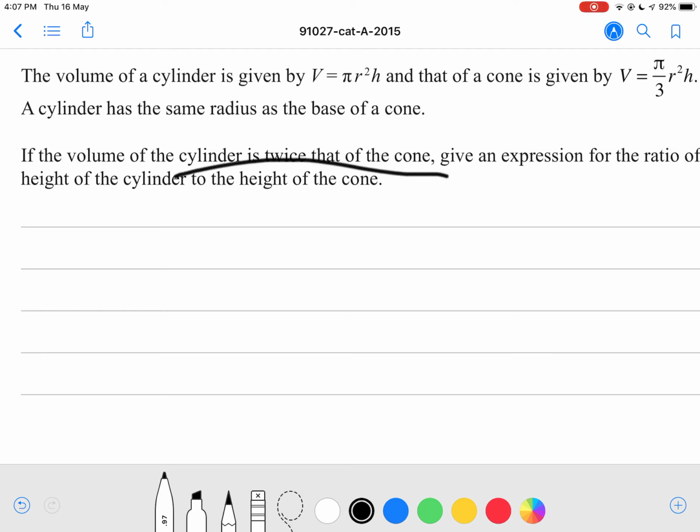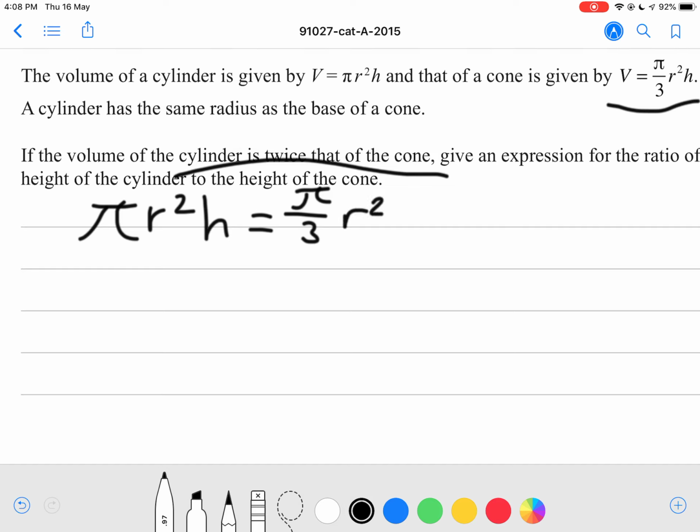So 2 times the cone is equal to one cylinder: pi r squared h is equal to pi divided by 3 r squared h, all multiplied by 2.